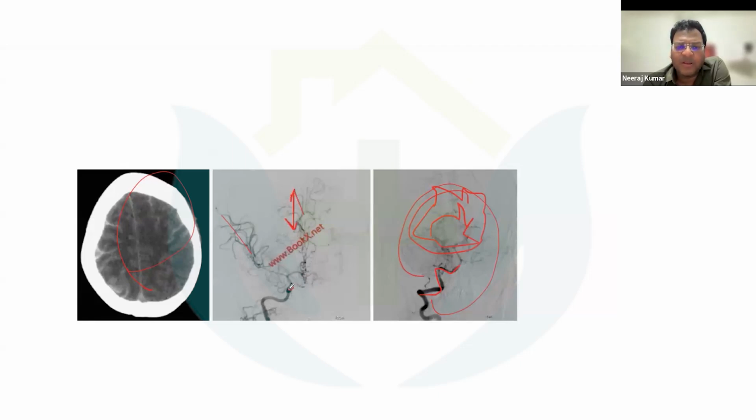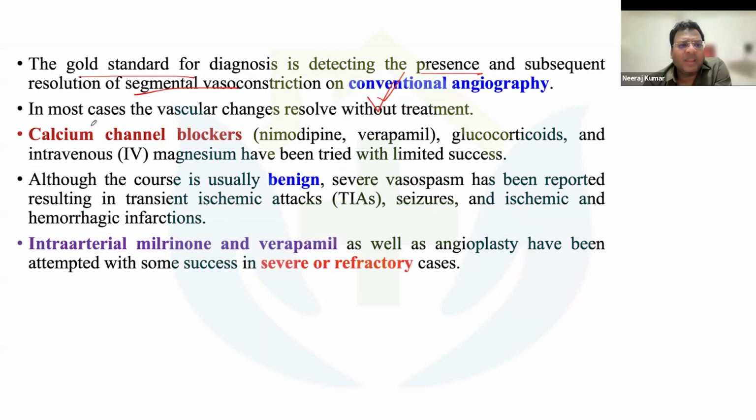of the cerebral vasoconstriction. Now, coming to the next part, in most of these patients, they may resolve without any treatment, or you can add calcium channel blockers like nimodipine or verapamil. Glucocorticoids or IV magnesium can be added. These are mostly benign, and severe vasospasm may be reported, leading to transient attacks like TIA, seizures, and ischemic or hemorrhagic infarctions as well.